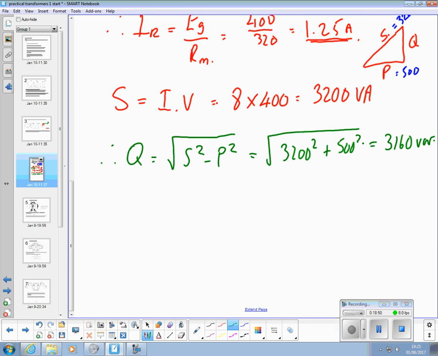Nothing about phase angles at the moment. So, we can say that also Q is equal to Eg squared over the inductive reactance.